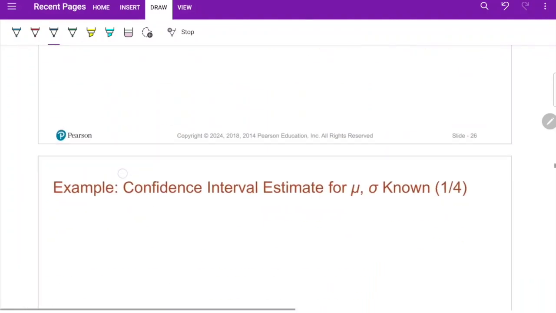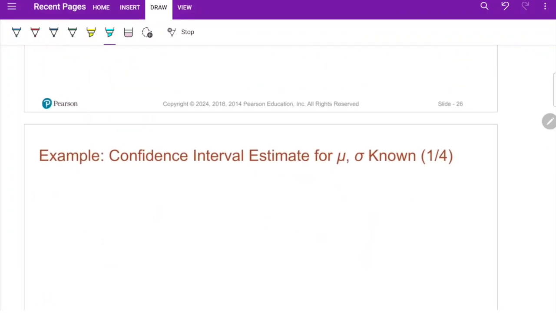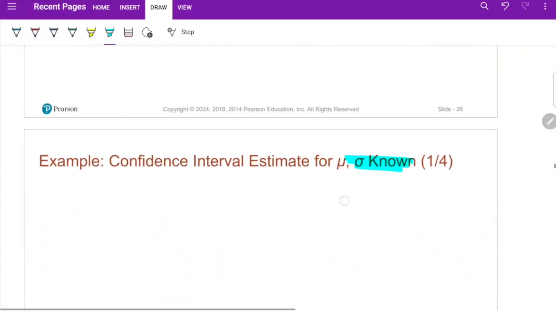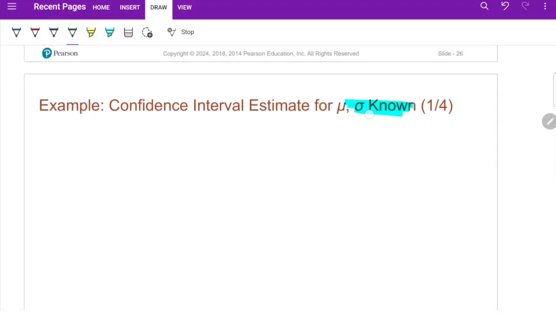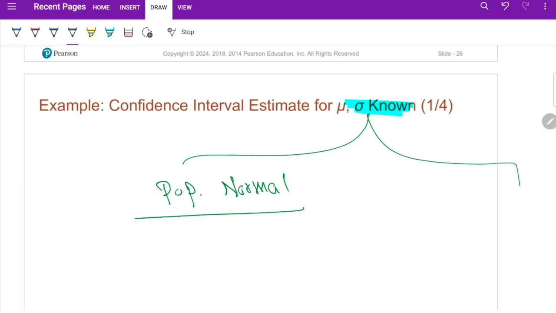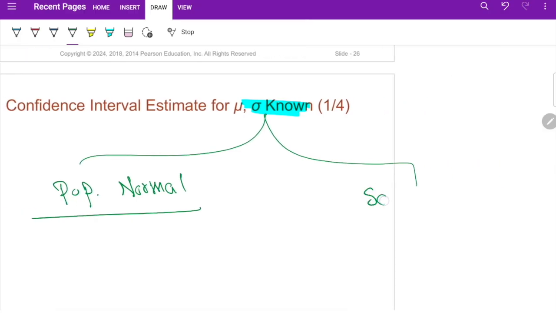And after that, we'll be discussing, the first scenario was when sigma is known. Because sigma is known, this is important, the last point I'm going to discuss. Sigma is known, we have to make sure that one of the things is happening: either the population is normal, or, if the population is not normal, the sample size has to be large.